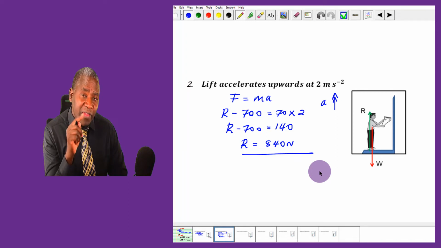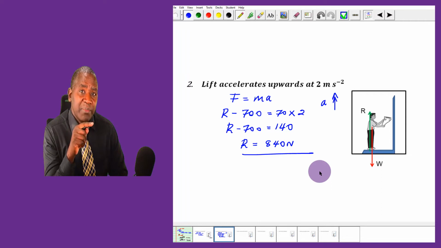That is not its weight. It only appears to weigh that much. It appears to weigh more than its actual weight. And this is where I come to that other point that I had mentioned earlier, that R is not always equal to W.